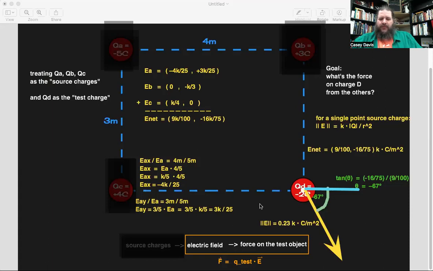So for magnitude, we're just multiplying the 2 coulomb amount of charge times the electric field, 0.23 K coulombs per meter squared. But what happens to direction? If you've got an electric field vector, or any vector really, pointing in a specific direction and you multiply by a negative scalar, what happens to the direction of the result?